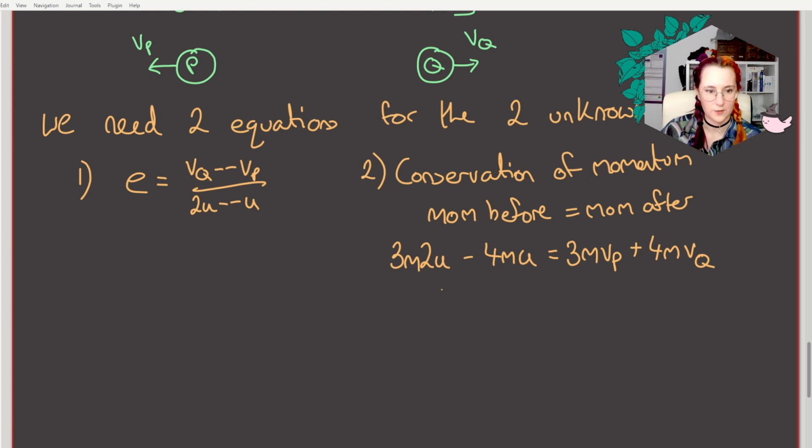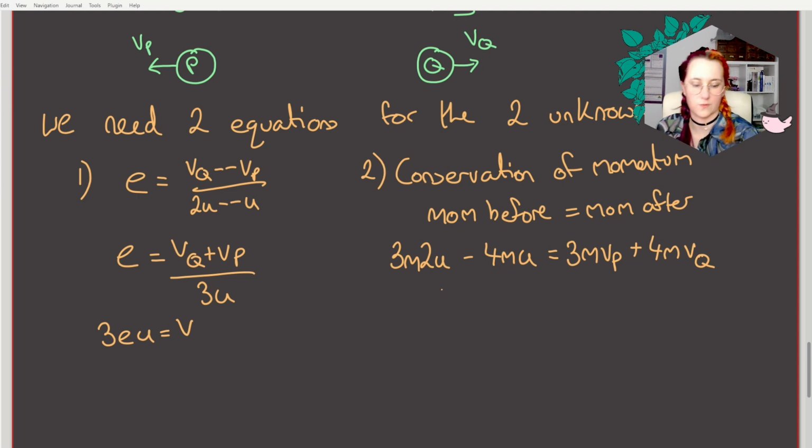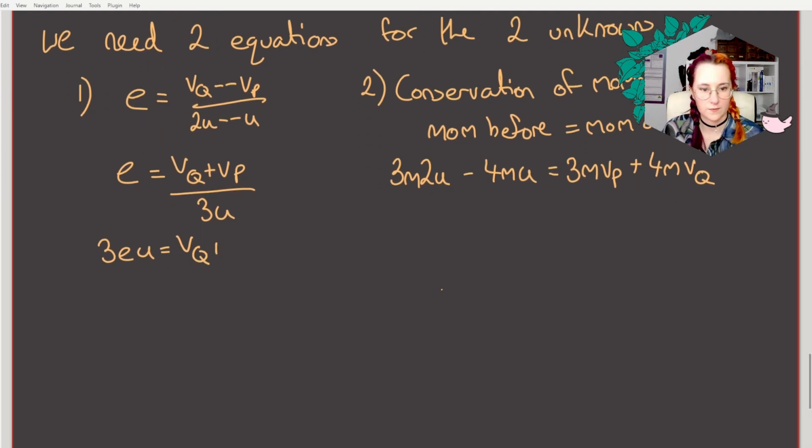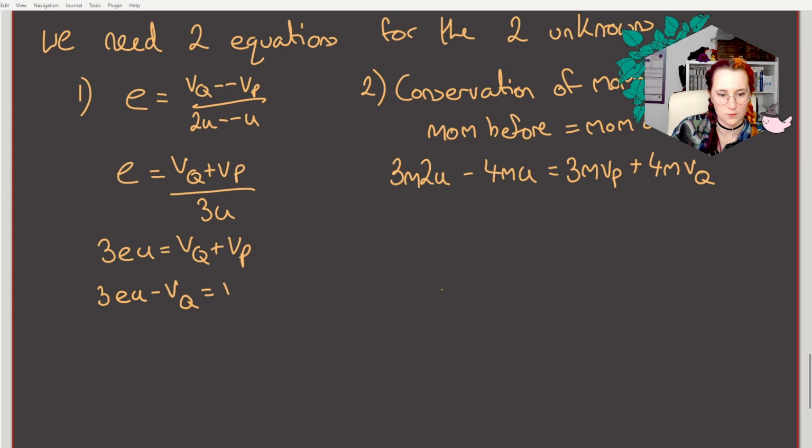Okay, so solving these, we get e is VQ plus VP over 2u minus u is 3u. So 3eu is VQ plus VP. I'm actually going to set this as 3eu minus VQ equals VP, so that I can then plug this into the other equation. We can cancel through all the m's, which makes our life easier.